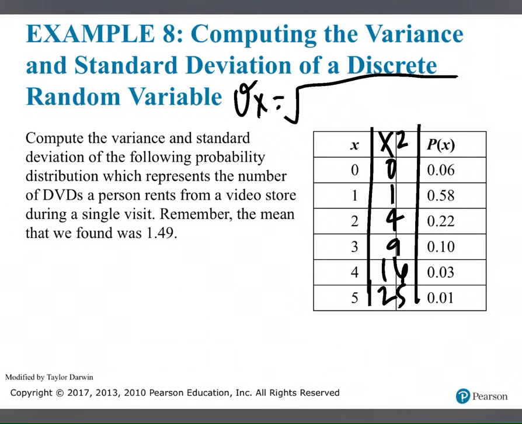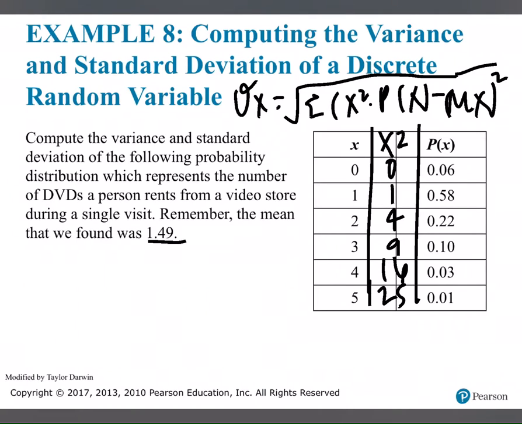It's the square root of the sum of x squared times p of x minus mean squared. And we've already done the mean, and it was 1.49. So all I need to do now is multiply x squared times p of x and add them up. So I'm going to go ahead and do that. I don't even need my x's anymore, so I'm just going to ignore those. And I'm going to do that right here. Sorry, I'm being indecisive. I'll do it right here.